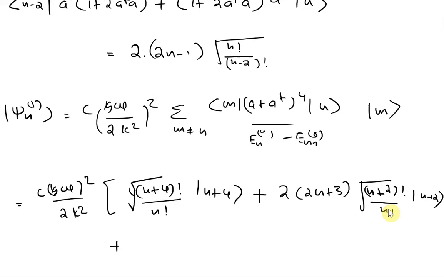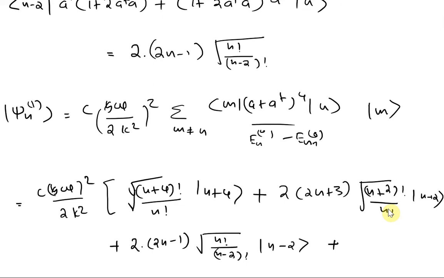The next term is 2 into 2n minus 1, root n factorial divided by n minus 2 factorial, and the state is n minus 2.